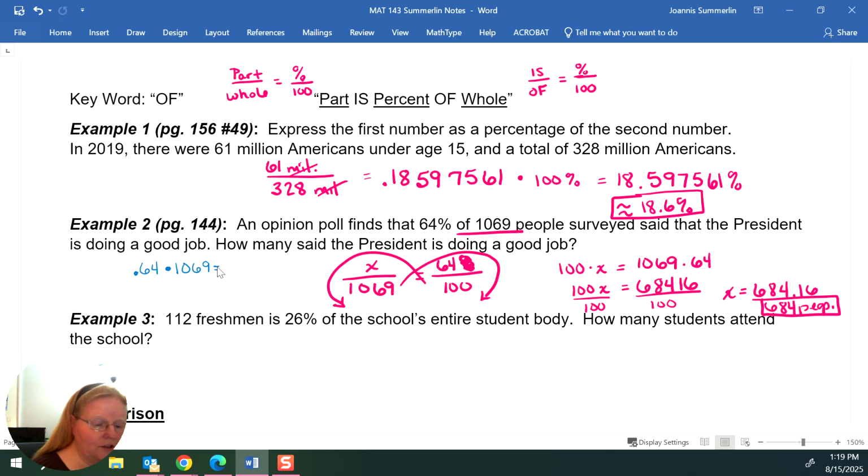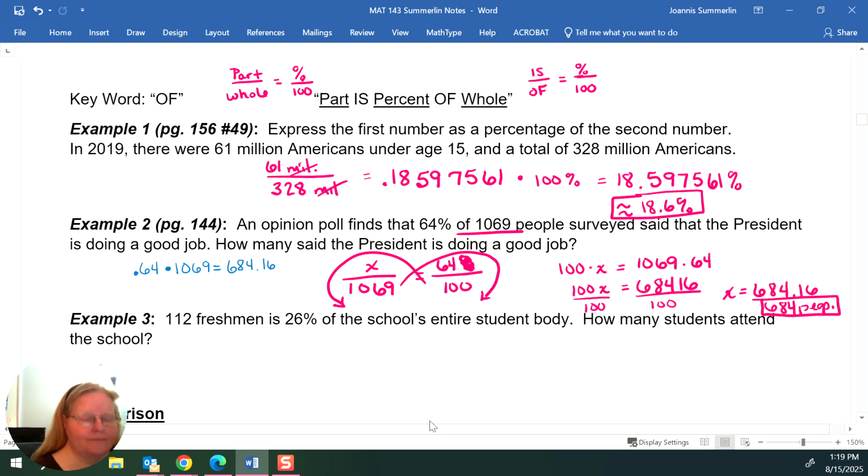If you punch that into your calculator, you get 684.16. I just did it straight across. Didn't have to do all the algebra. But my mom teaches it by the algebra. It was an algebra class.